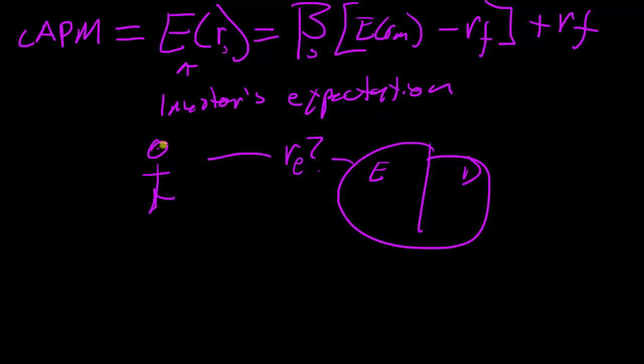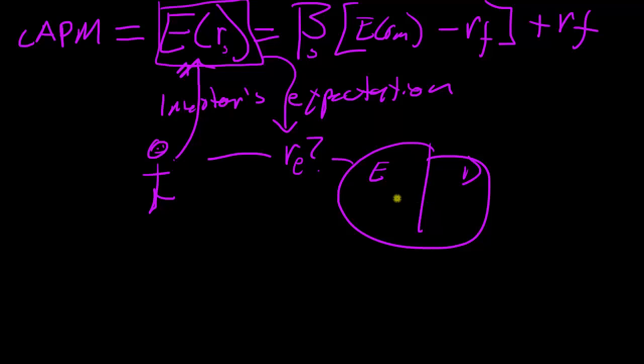Then the investor's going to say, well, I've used the CAPM equation to figure out what my expected return is. Therefore, your expectation should be at least this expected return of this guy.